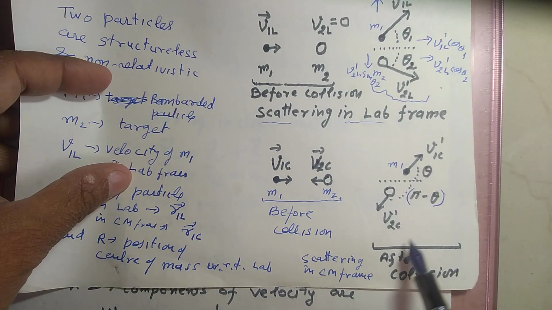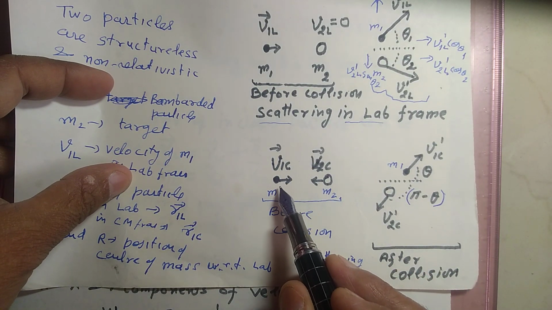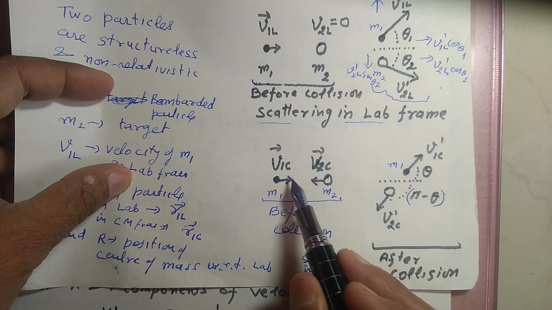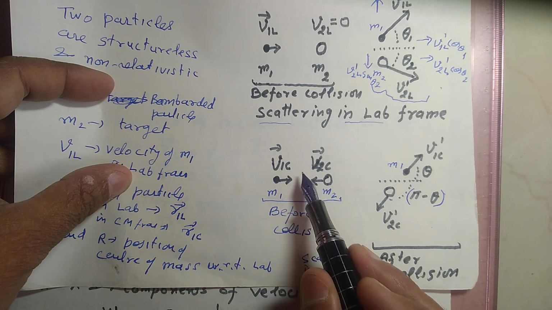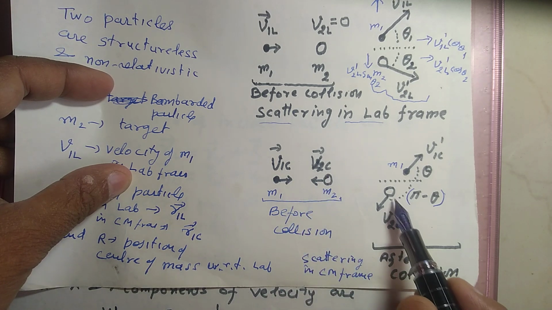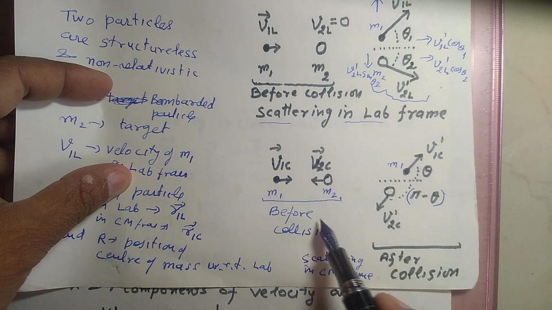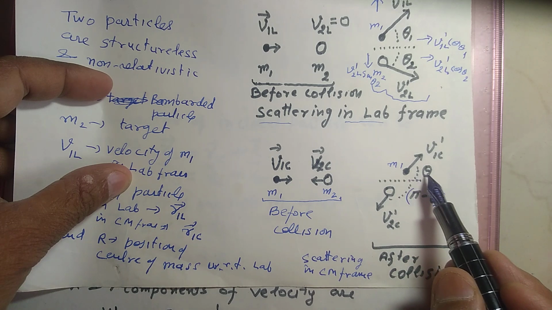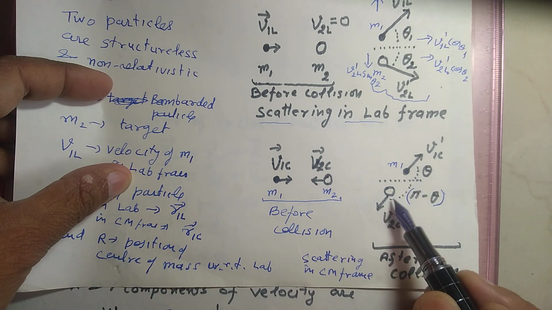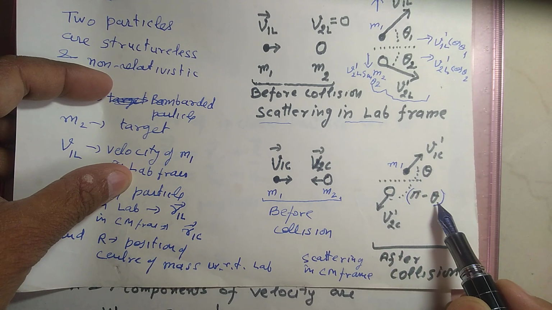In the center of mass frame, the particles m1 and m2 move with velocities v1c and v2c in opposite directions before collision. After collision, they scatter through angle theta, and the target particle scatters through pi minus theta.